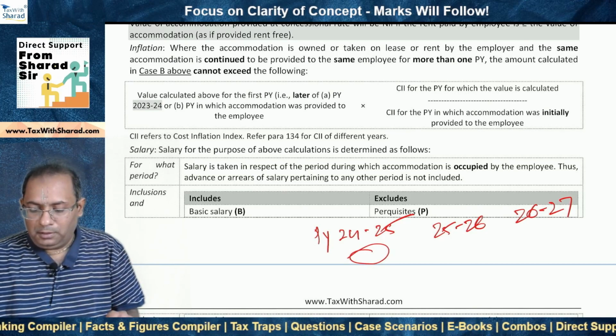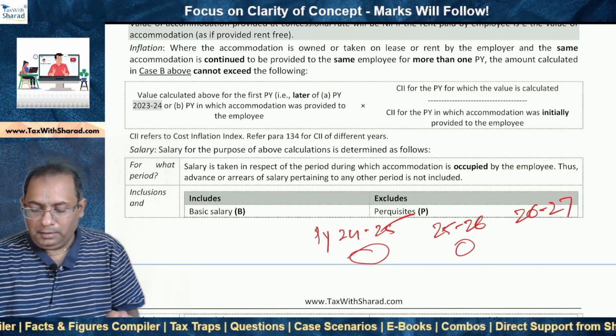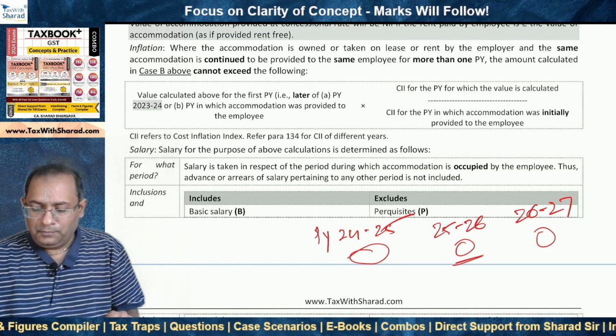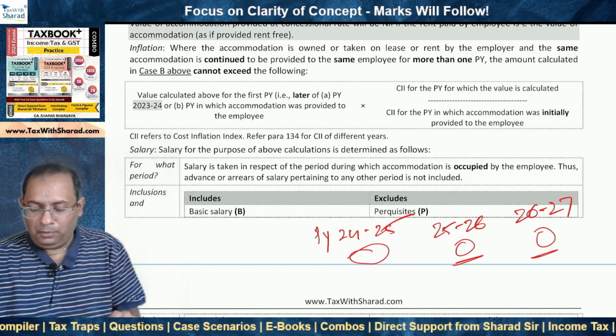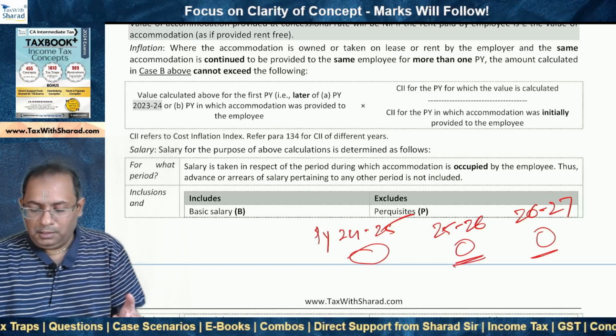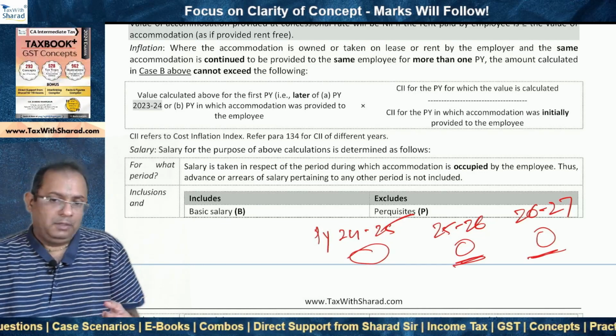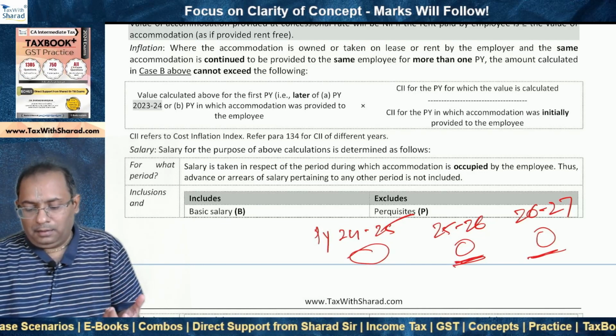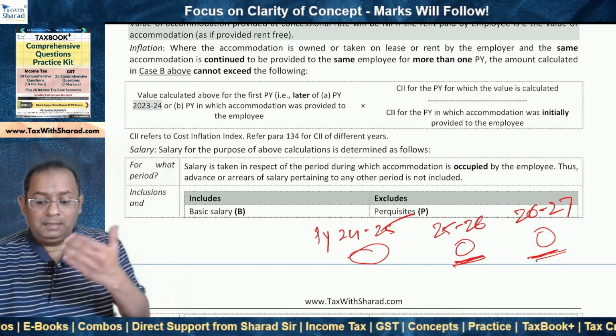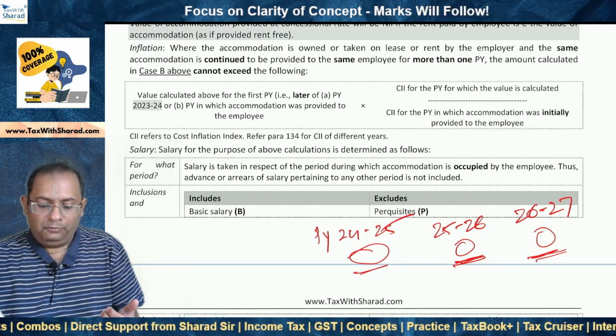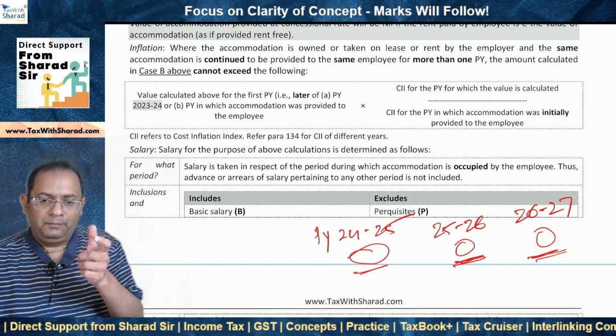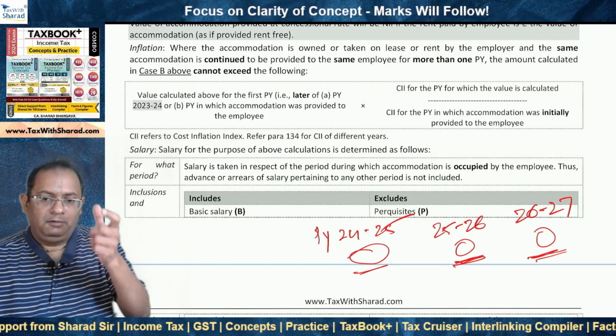But when we arrive at the perquisite value for 25-26 and 26-27, this valuation cannot exceed a particular amount. The government wants to rationalize this value for these two previous years so that it should not rise above the value of 24-25 by more than the cost inflation index.